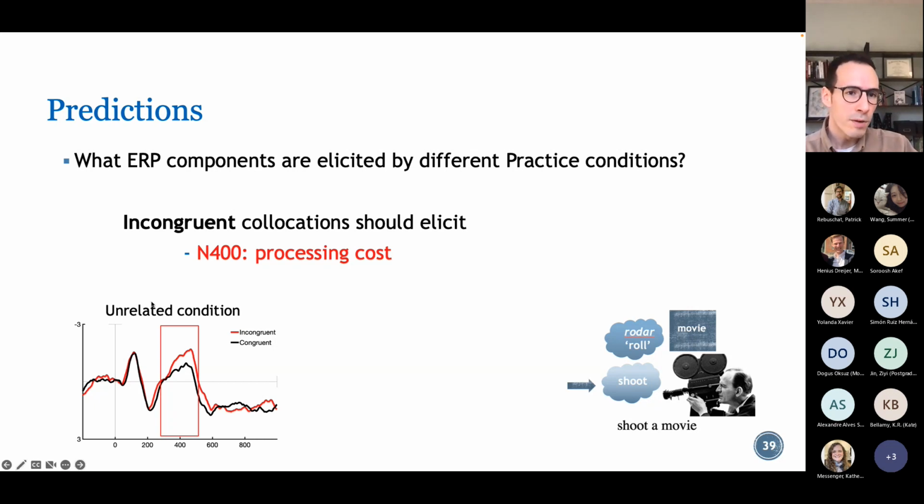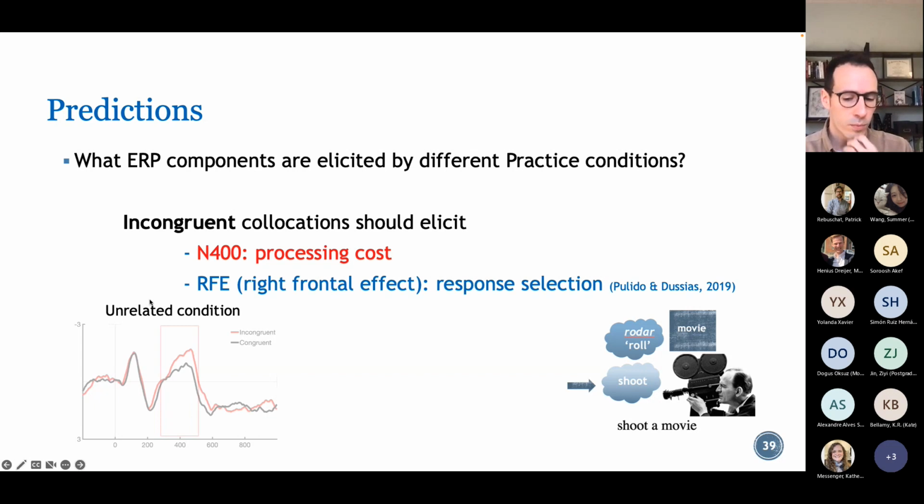So the N400 is one main focus here, but there's another component that we also studied in a previous experiment, where during lexical selection for multi-word units, we might expect that in incongruent collocations, or in cases where enhanced monitoring during a response is required, we may expect to see a right frontal effect, which indeed indicates a greater cost or uncertainty during response selection.